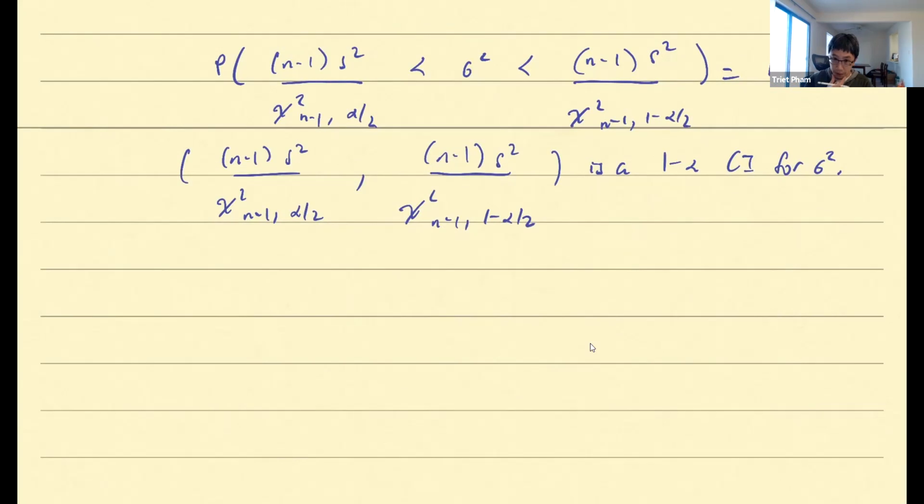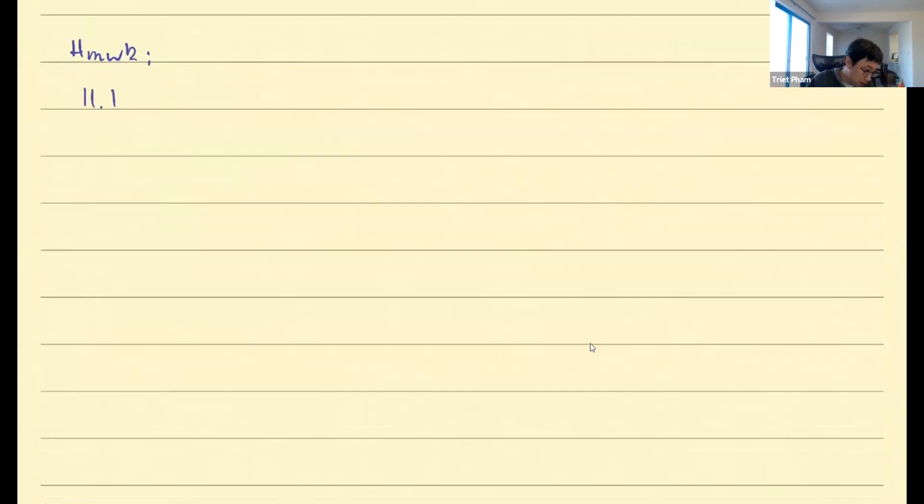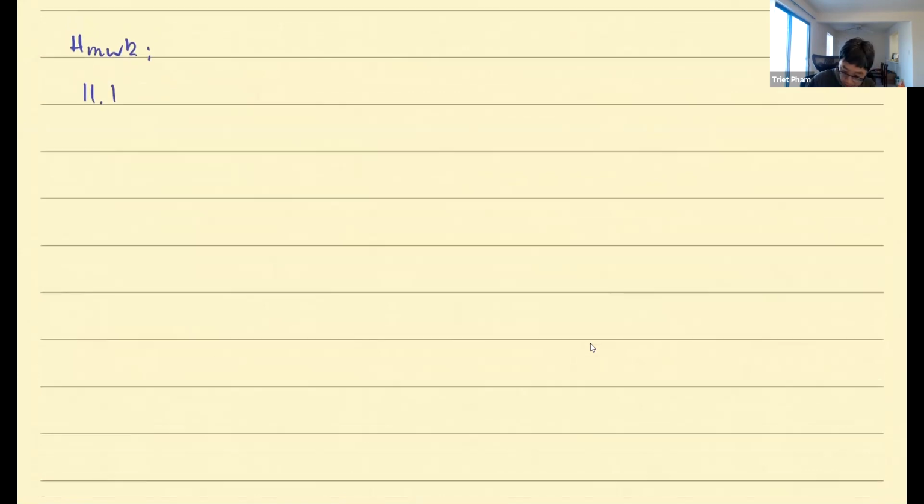So in connection to this, let me discuss your homework of this week and show you how the idea here applies to your homework. For example, your 11.1 says this. So X is exponential lambda, and you have only one sample, a sample size of one, one member in your sample.